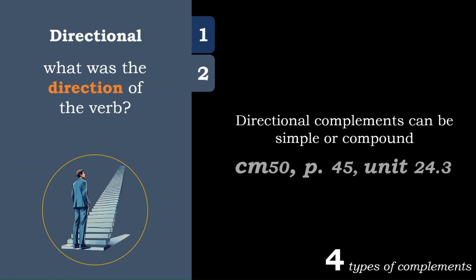So, we've just seen two kinds of simple directional complements. Now let's consider compound directional complements. Now, what is a compound? It is simply something that is made up of two or more different parts. So what are compound directional complements made up of?